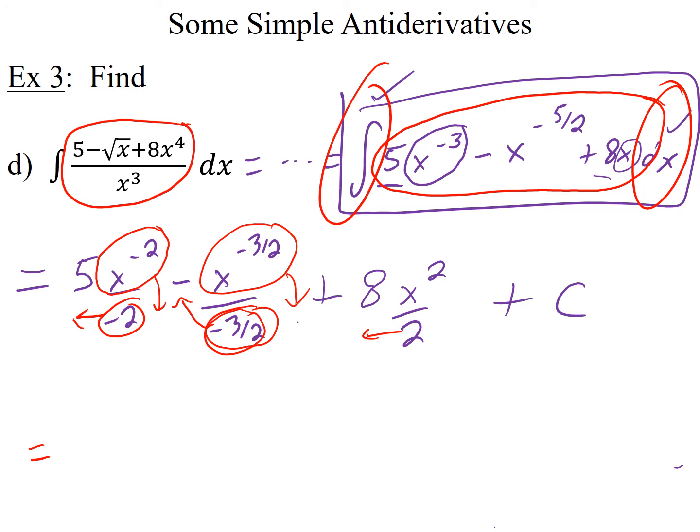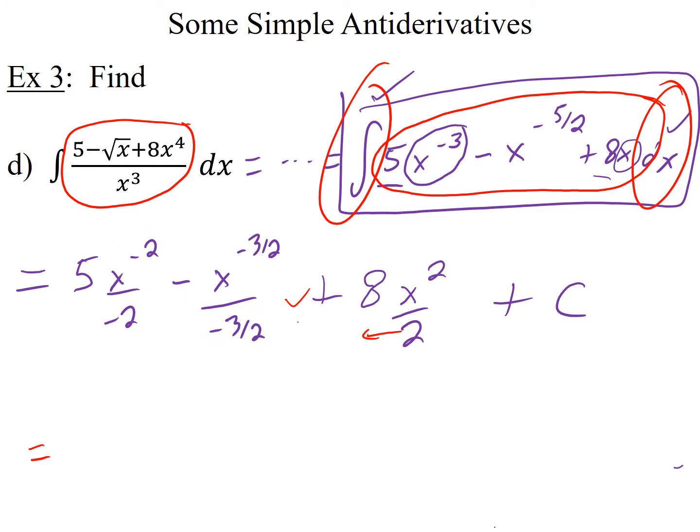Okay, let's see what we have. Okay, too much red. I got to erase some of it so we can see what we're actually doing here. Okay, so we're going to have negative 5 over 2x squared plus 2 over 3x to the positive 3 halves.